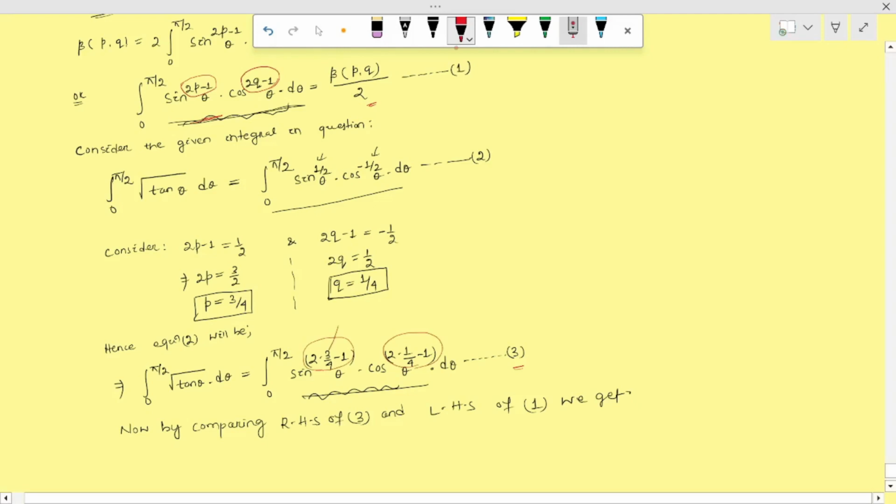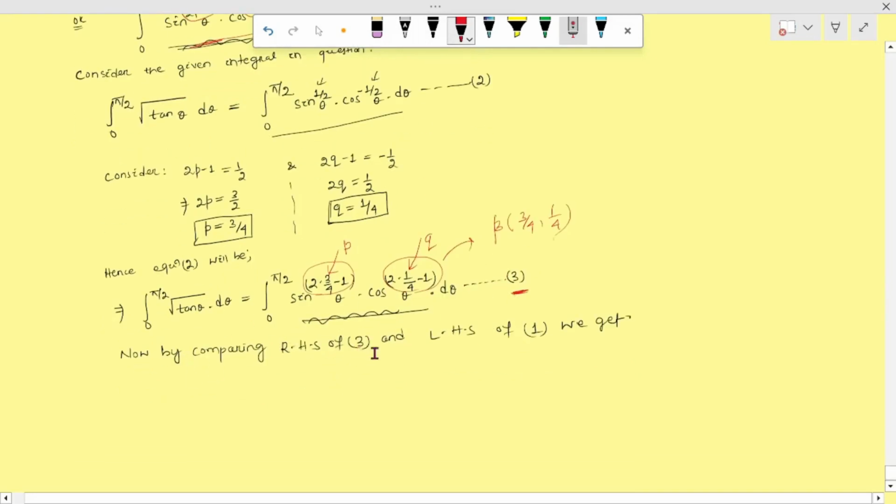So this is treated as P, this is your Q. If I compare RHS of equation number 3 and LHS of equation number 1, then the value of this integral will be beta 3/4, 1/4, right?